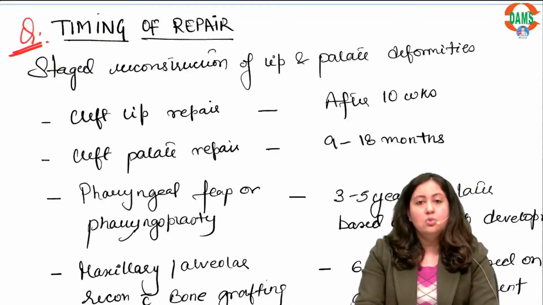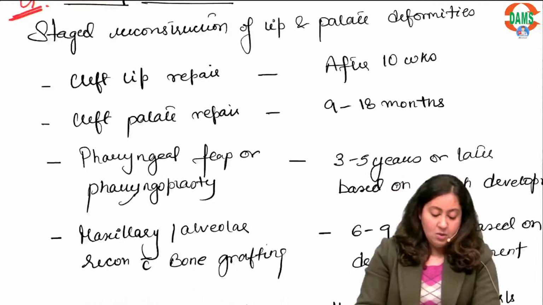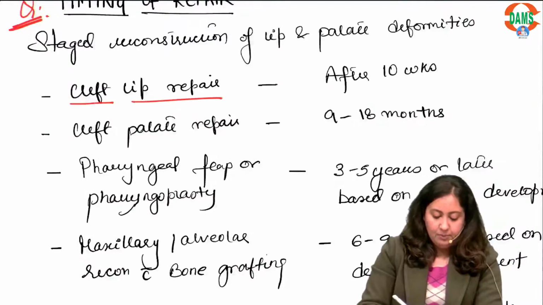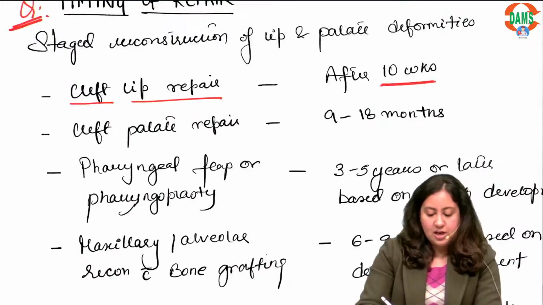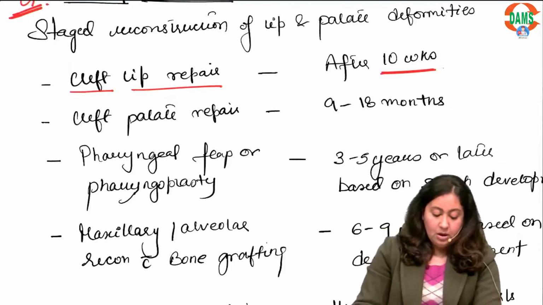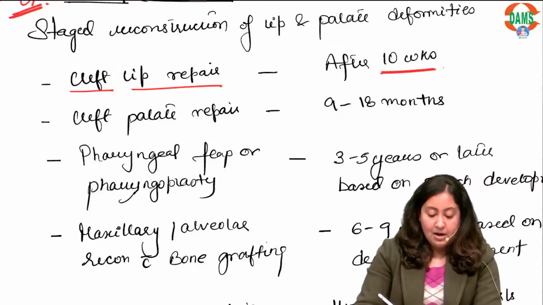Then you have to stage your things. All right, let us see what is the staging and how we go about repairing. Now coming to cleft, first is cleft lip repair, that is after 10 weeks. All right, now cleft palate repair. Cleft palate repair is, please remember, 9 to 18 months.